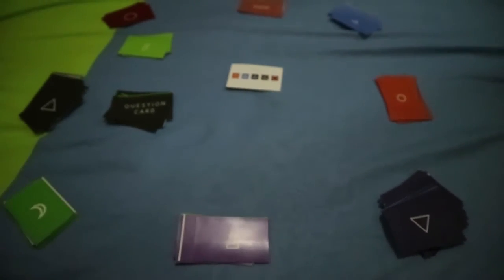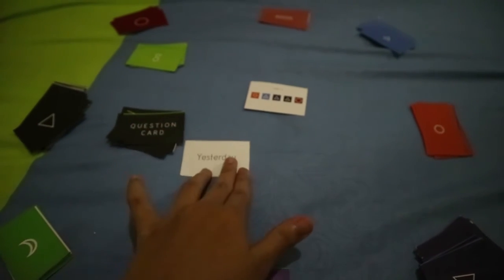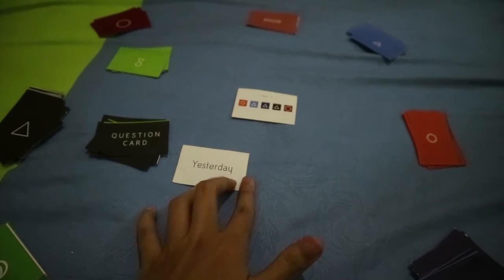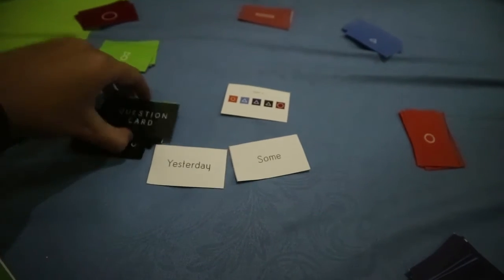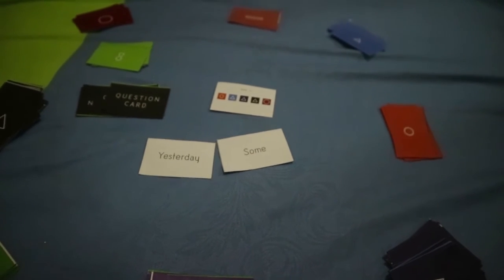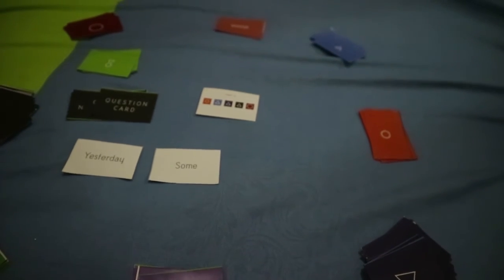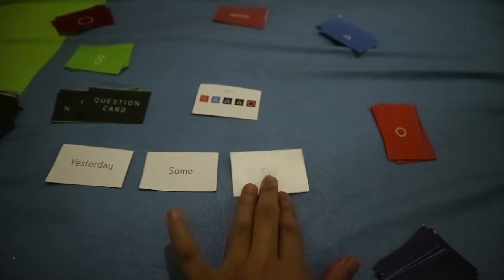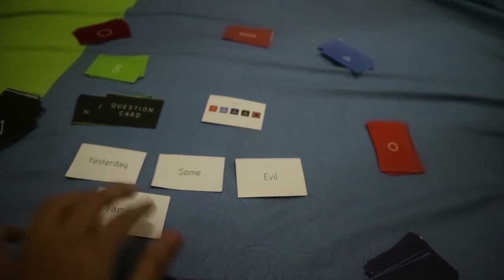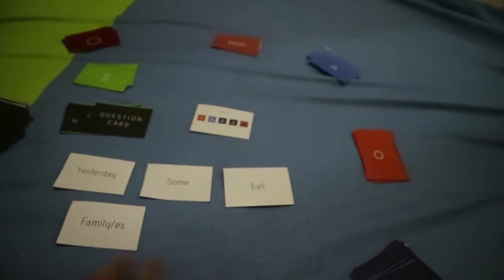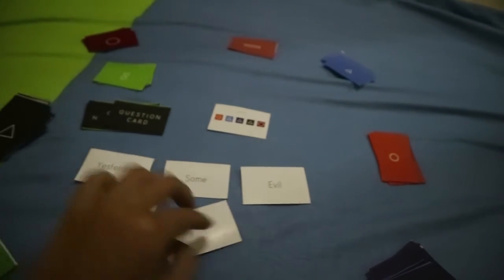So let's start. Since I already have adverb, yesterday, some, evil, families, live.